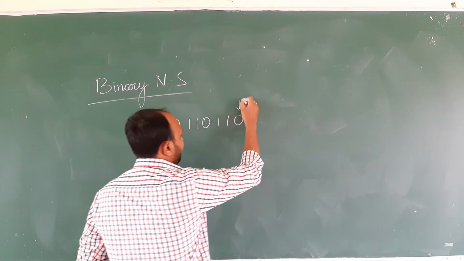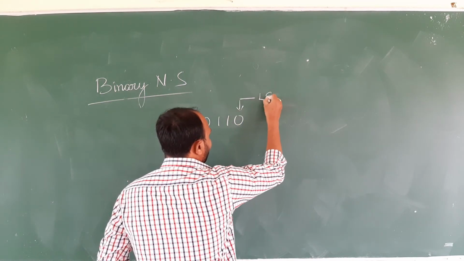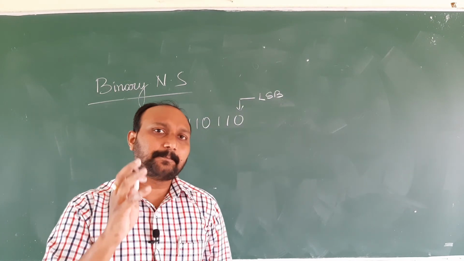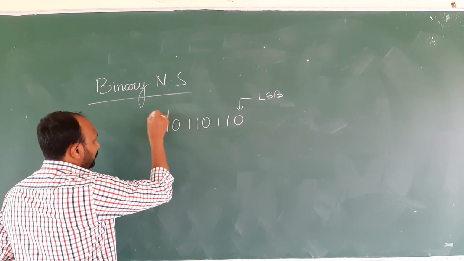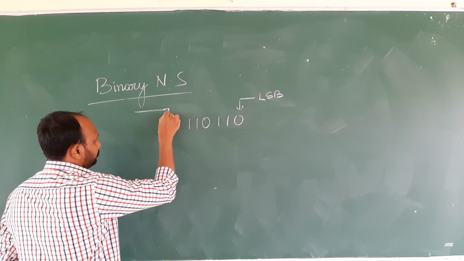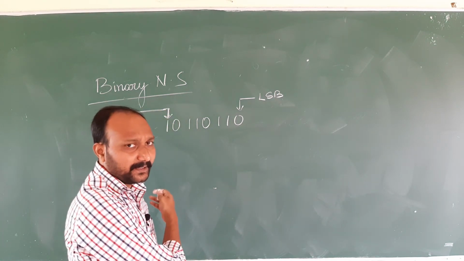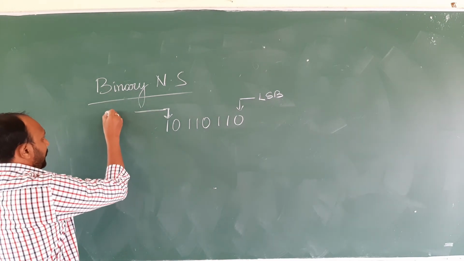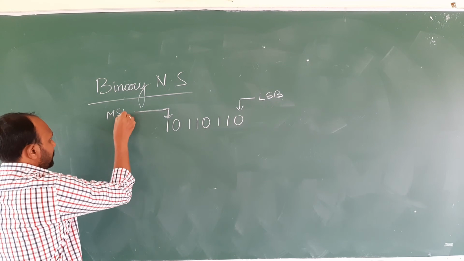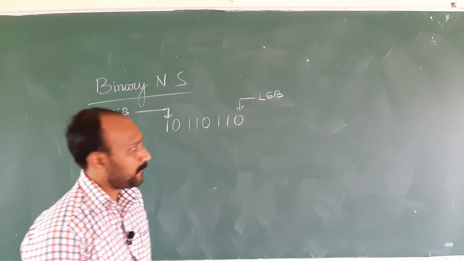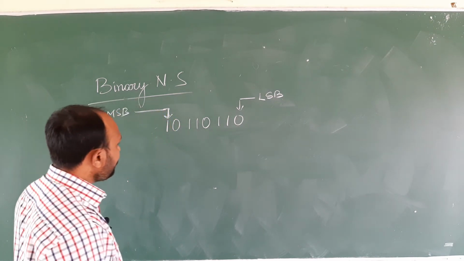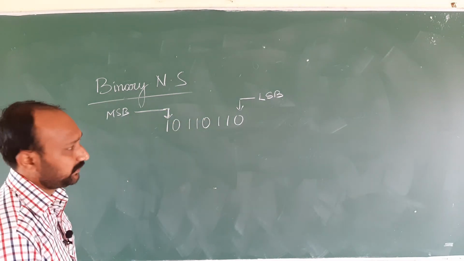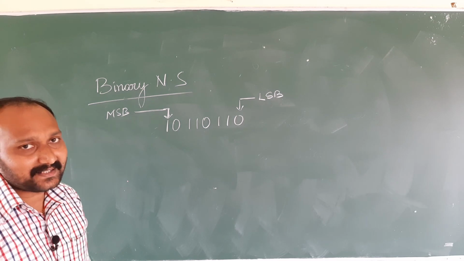That's why it is referred as LSB. What is LSB? Least significant bit. And the bit towards the left side, the leftmost bit, is referred as the MSB, most significant bit. This is another important thing you have to notice: most significant bit and least significant bit.